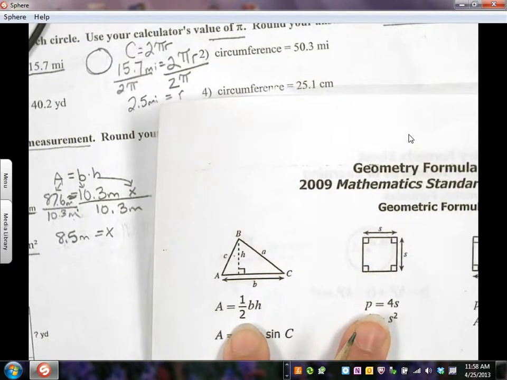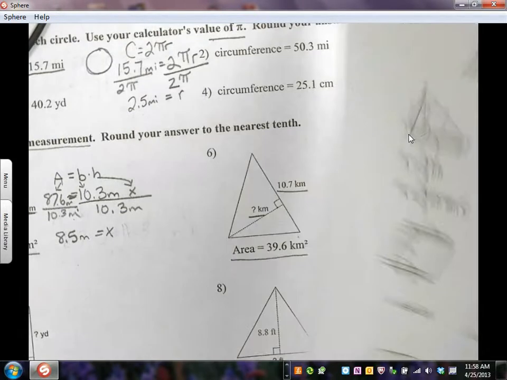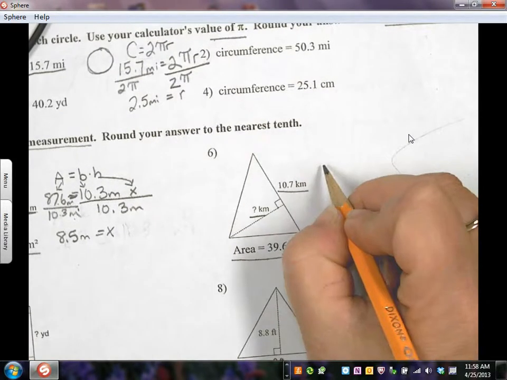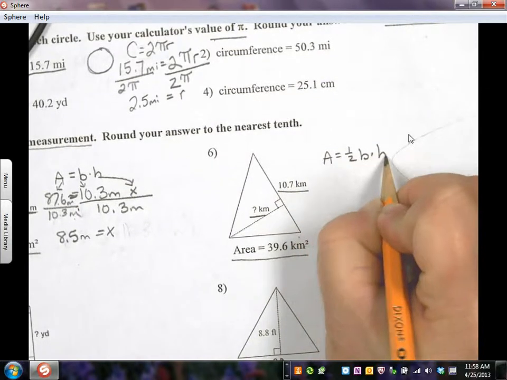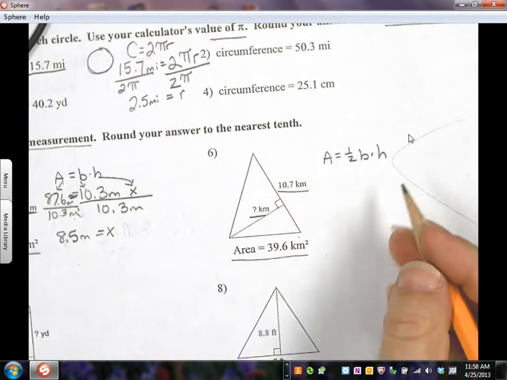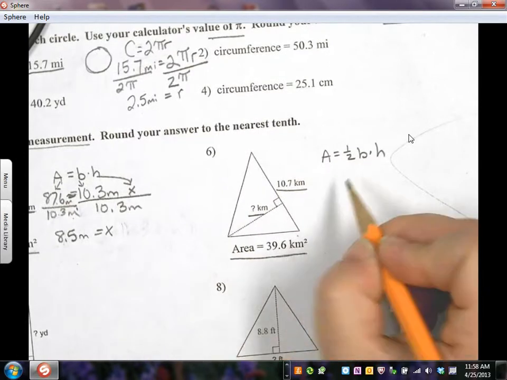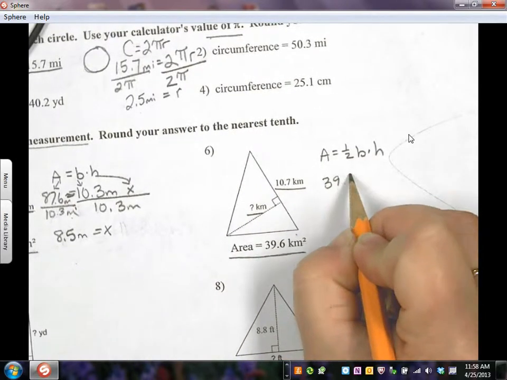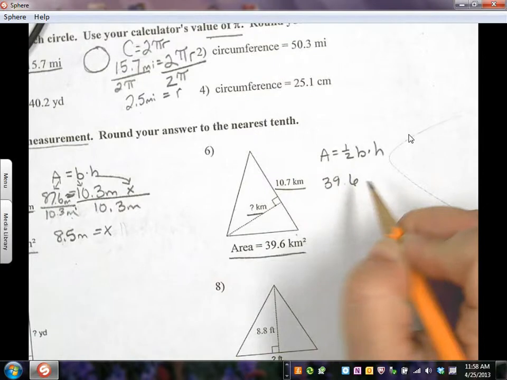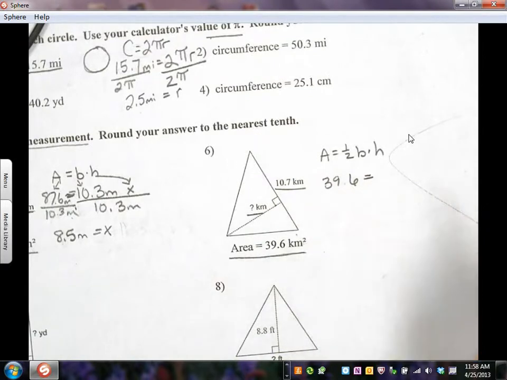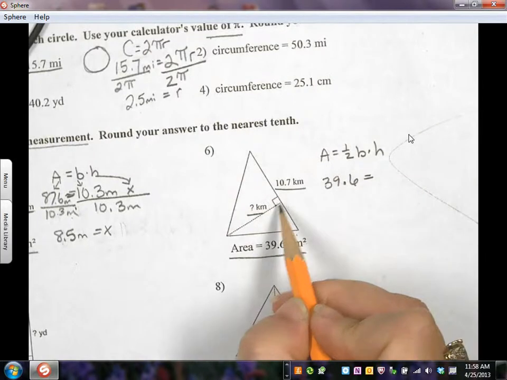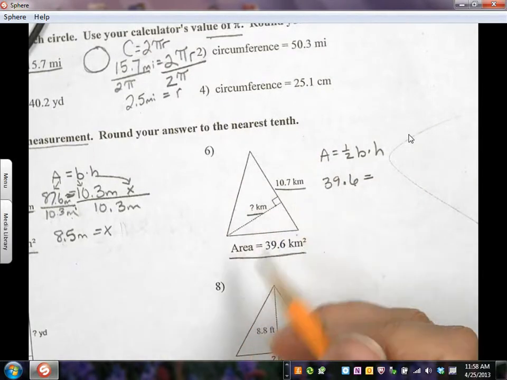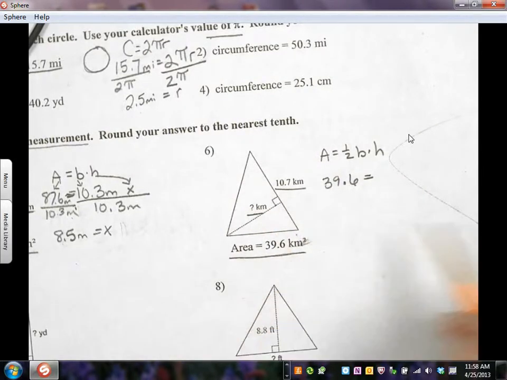Area equals 1/2 the base times the height. Plug in what you know. I know this is my area. I'm not going to use the units right now because I know I'm going from area down to a length, so I know my units are going to get rid of that exponent, just to remind you about that.